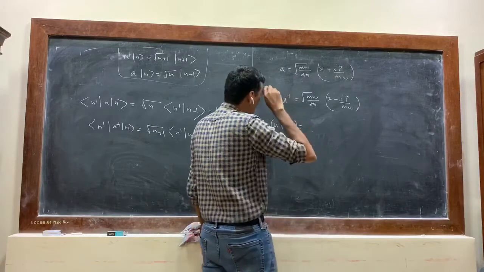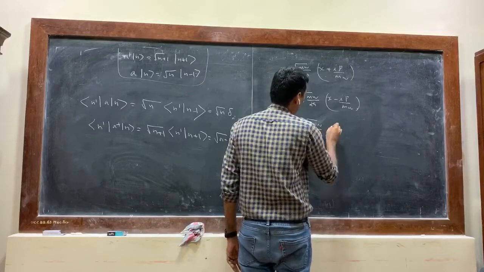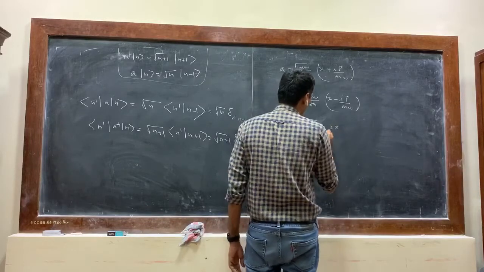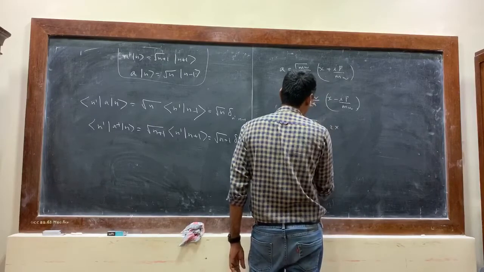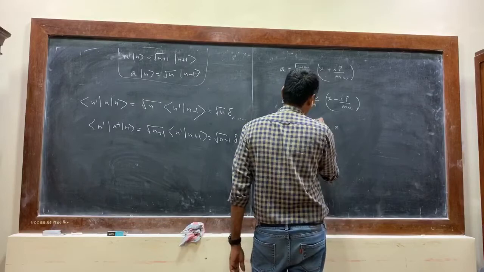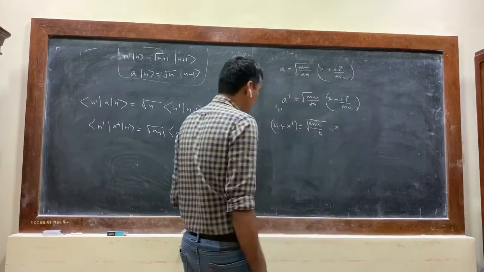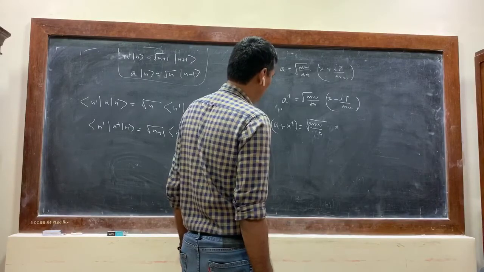which is equal to square root of m omega divided by 2 h cut times 2x, right?